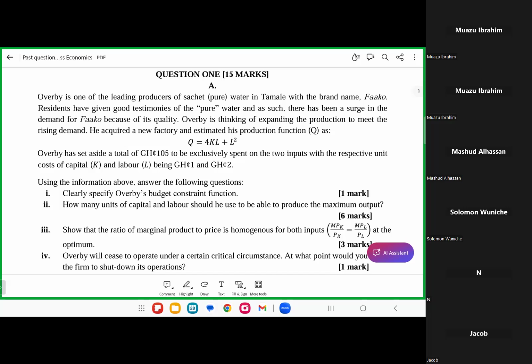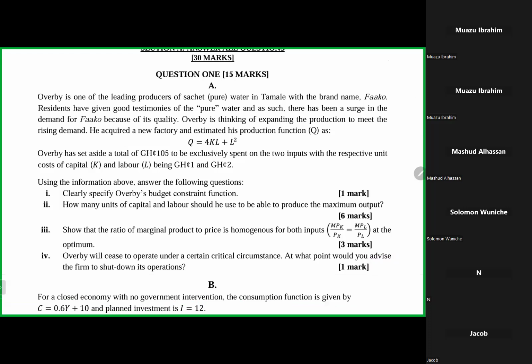So here I'm doing my marketing: start buying Falco, you always find Falco in Tamale. It's one of the leading purest sachet water you can find in Tamale. So I encourage you to be buying Falco pure water.